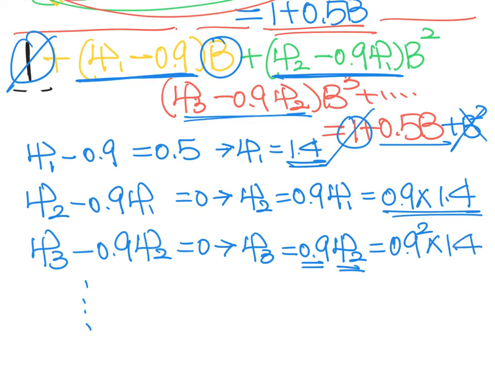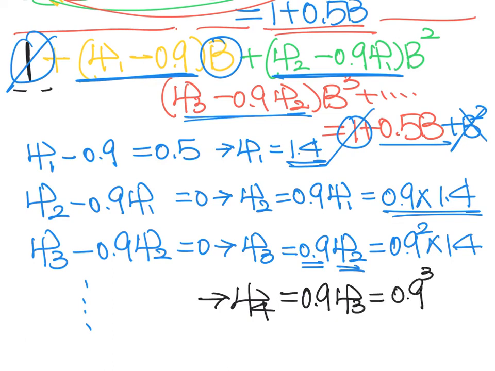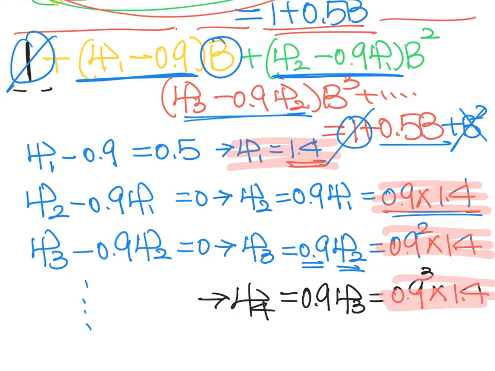What do you expect the next one? The next one is big phi 4. Must be 0.9 big phi 3. Then it must be 0.9 cube times 1.4. So please look at the first one, second one, and the next one, and the next one. What do we need? Actually now we need the infinite summation.